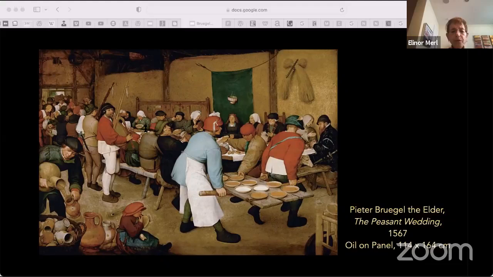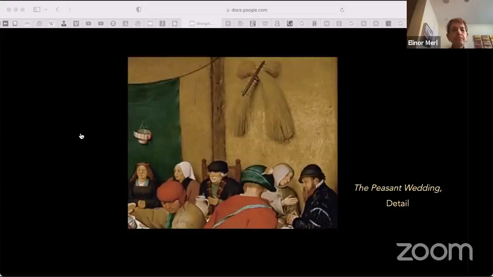If we follow the figure at the end of the table, who's passing the dishes to the wedding guests, we're led to the true protagonist, the bride. She sits quietly, not conversing with anyone, but smiling faintly, her cheeks flushed, her eyes half closed, her hands clasped demurely before her on the table.